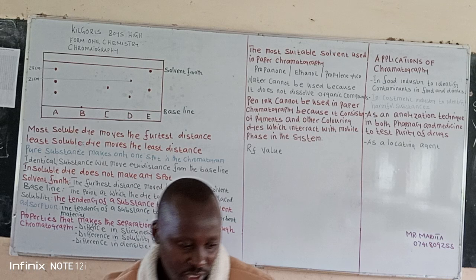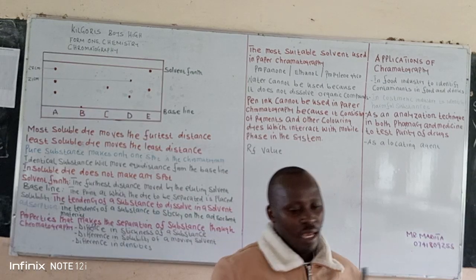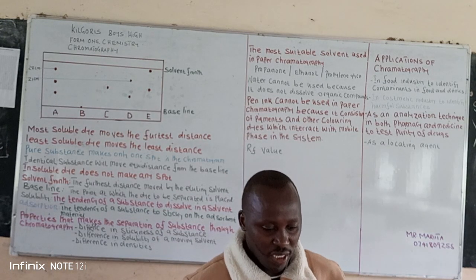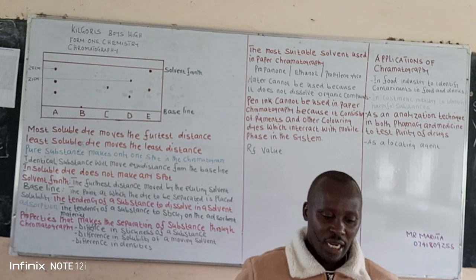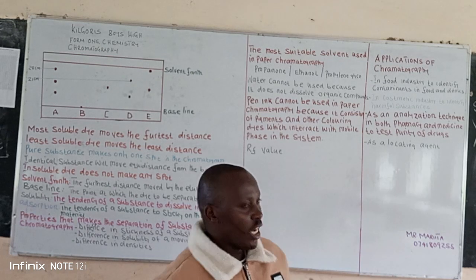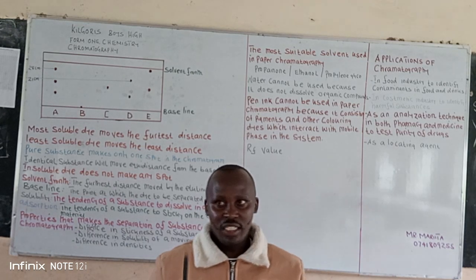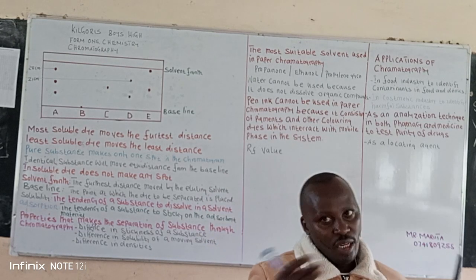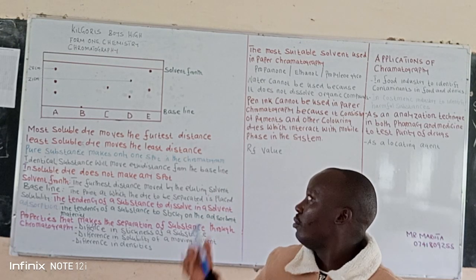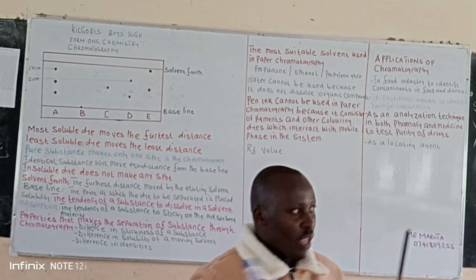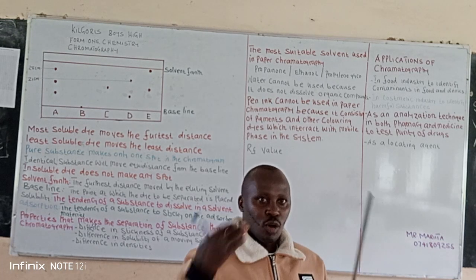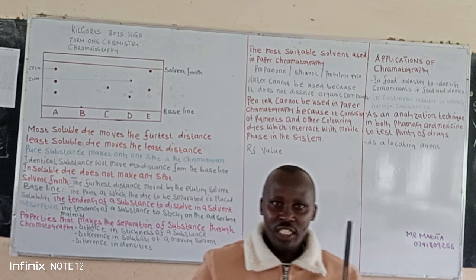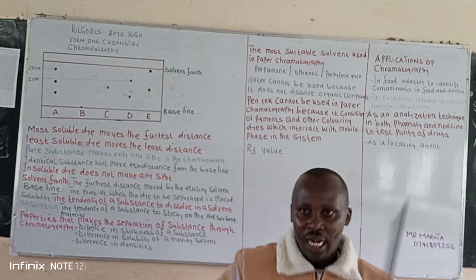Chromatography is a method used to separate a mixture of colored substances which have different solubilities. From this word chromatography, we have what we call chromatology. Chromatology is the study of colors.